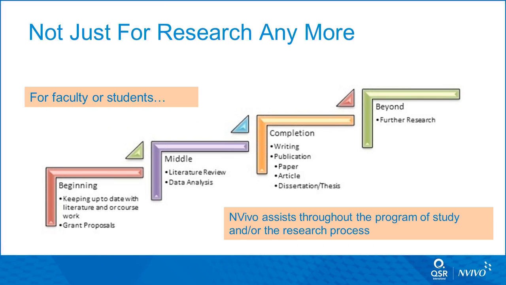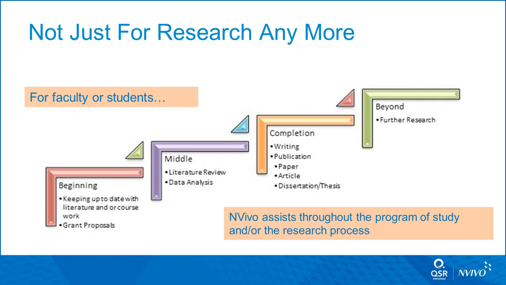But other people have been using it for keeping up to date with their professional literature or their coursework. Some people have been gathering together information for grant proposals. Of course, the literature review and the data analysis, helping you with your writing and publication process.